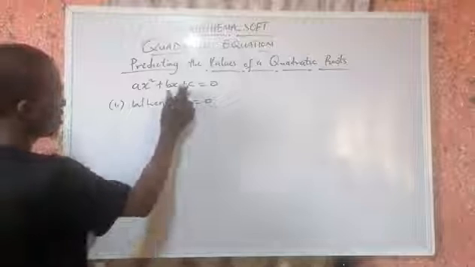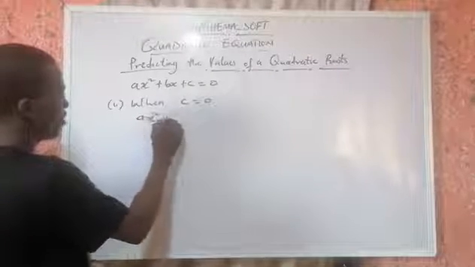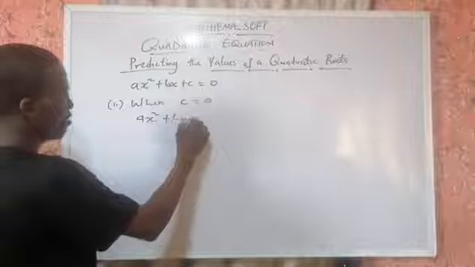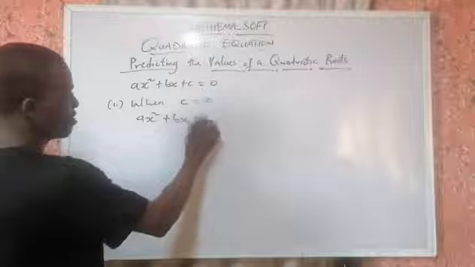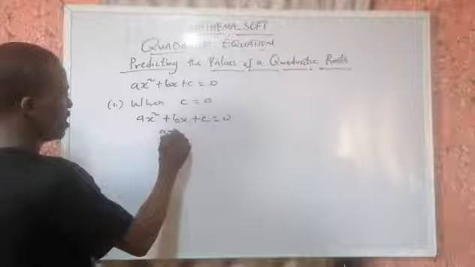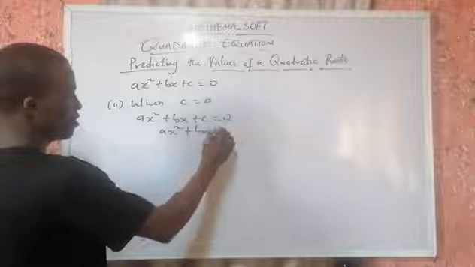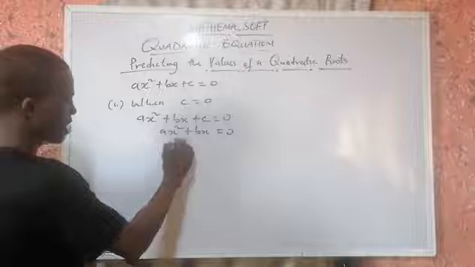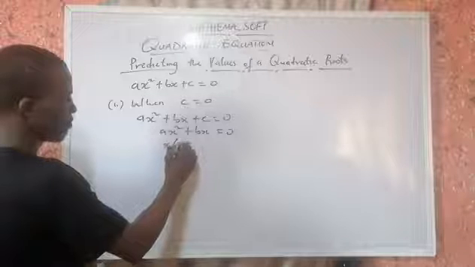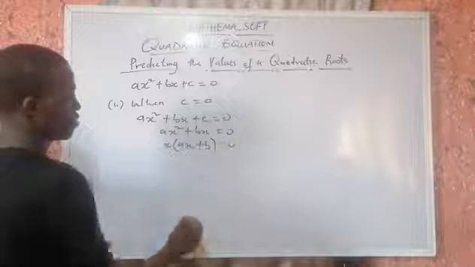If c is equal to 0, ax squared plus bx plus c equals 0, and since c is now 0, we have ax squared plus bx equals 0. Then we see that x comes out, and we have x(ax plus b) equals 0.